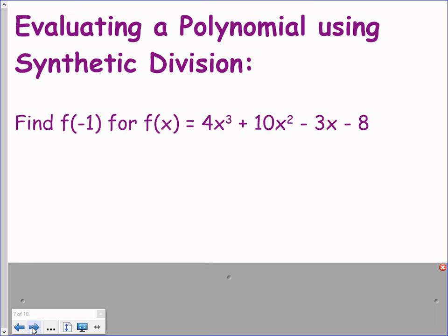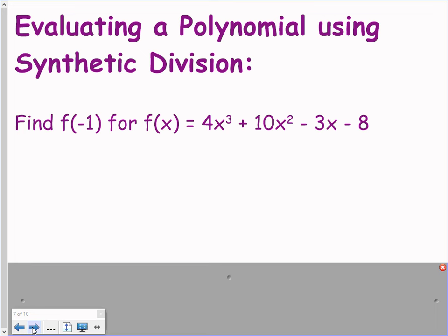So find f of negative 1. Find the function value at x equals negative 1 for f of x equals 4x cubed plus 10x squared minus 3x minus 8.